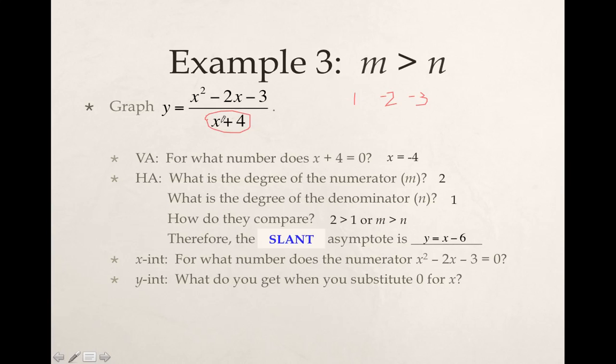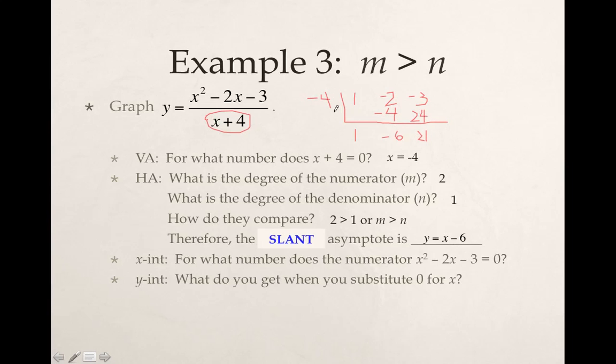And then remember it's x minus c, so the c value is actually a -4 that I want to use over here. And then I'm going to divide. So that means bringing the 1 straight down, multiplying -4 times 1 to get -4, adding gives me -6, multiplying gives me a positive 24, and adding this gives me a 21.